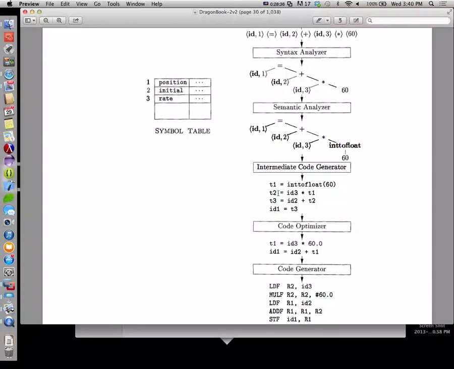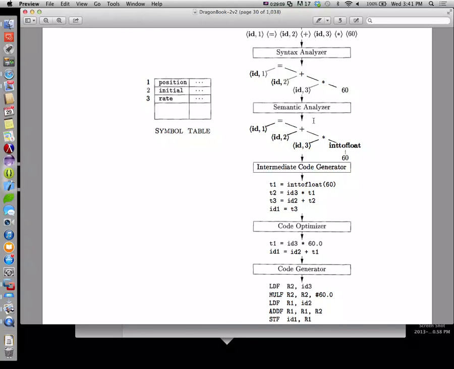T2 is equal to ID3 times T1. T3 is equal to ID2 plus T2. ID1 equals T3. So we walked our tree from bottom up.